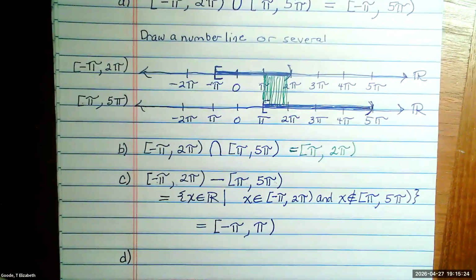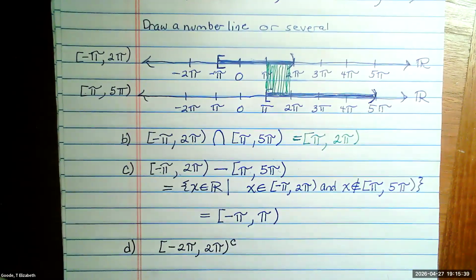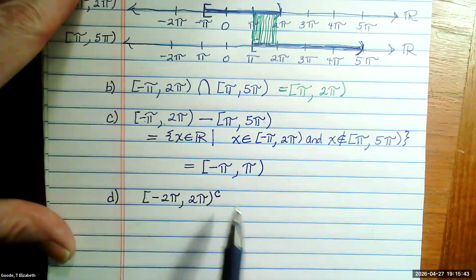Is it a complement set? Yes, it's a complement set. It says bracket negative 2 pi, comma 2 pi, soft bracket, complement. So I've made up a new set. All right, so let's draw this set and then we'll think about the complement.